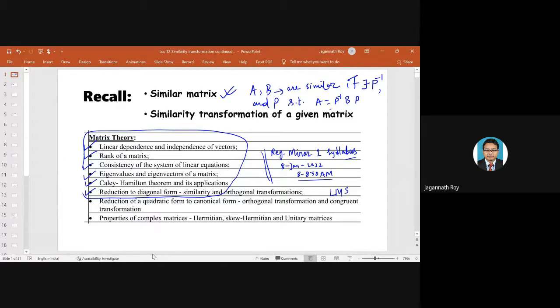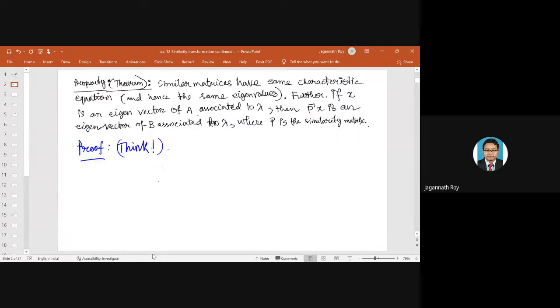This transformation is called a similarity transformation, and P is called the similarity transformation matrix. Now we have seen that for a 2 by 2 system, this is not a very good approach. For a 2 by 2 system, we have to solve 4 equations in 4 variables in order to get the P matrix.